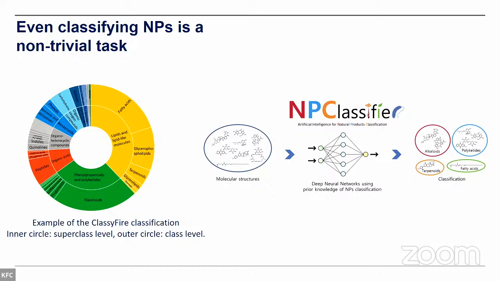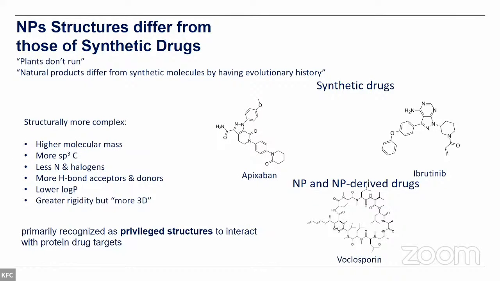But let's speak about plants and fungi, and the compounds that are produced by them. What makes these compounds unique? In other words, how do they differ from the synthetic drugs that we were discussing before?